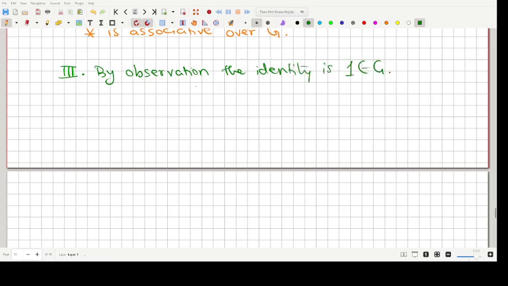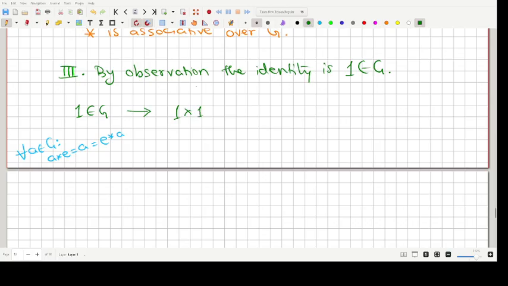Let's see whether it is true or not. So we'll choose 1 belongs to G. So what is the condition here? The condition is for all A belongs to G, we have A star E equals A equals E star A. So if we take A as equal to 1, let's see what happens.